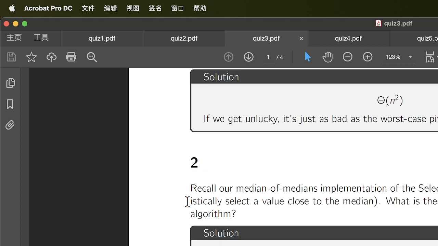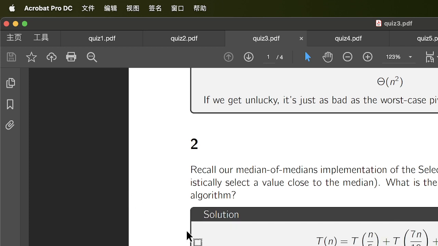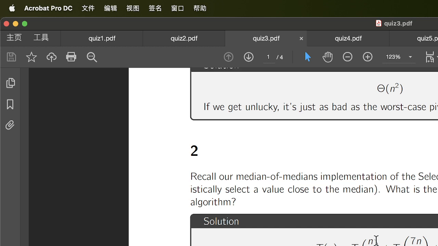Okay. Number 2. Recall our medians implementation of the select k algorithm, where we select a value close to the median. So what is the correct recurrence solution for this algorithm? To answer this question, we need to recall lecture 8. This part, the T of n over 5 part, comes from the fact that we separate our input array into chunks with size no larger than 5.